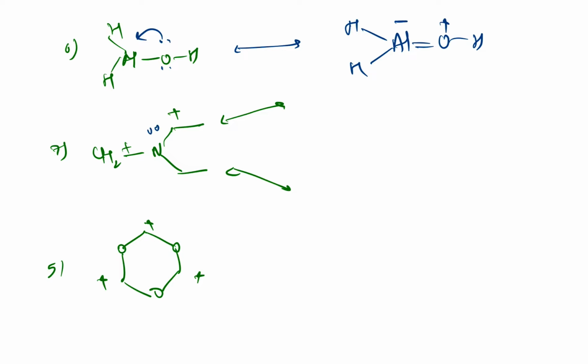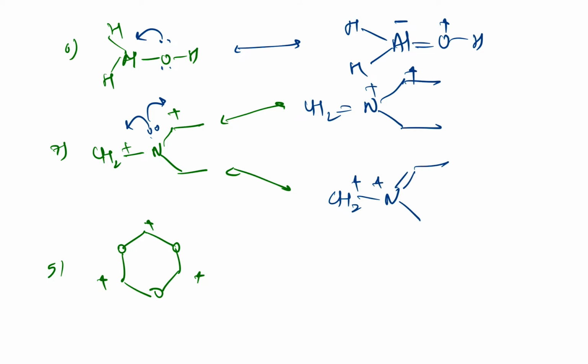Now here the lone pair will donate its electron pair, and on both sides, CH2 double bond N positive. Here it is positive, and CH2 positive N positive. Now here it is a lone pair. It will donate its electron pair, O, O, and O.